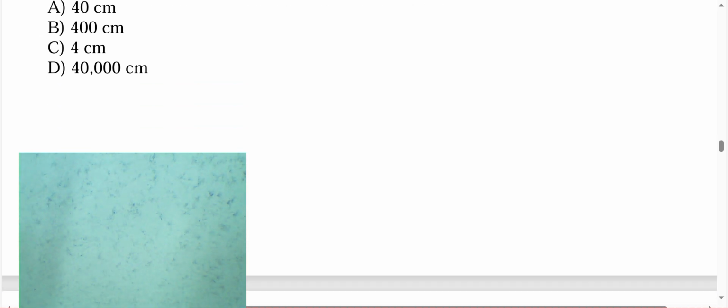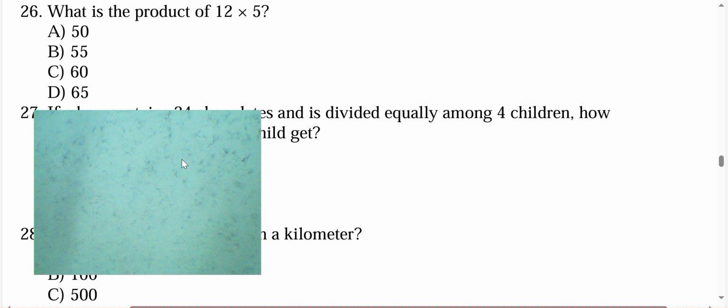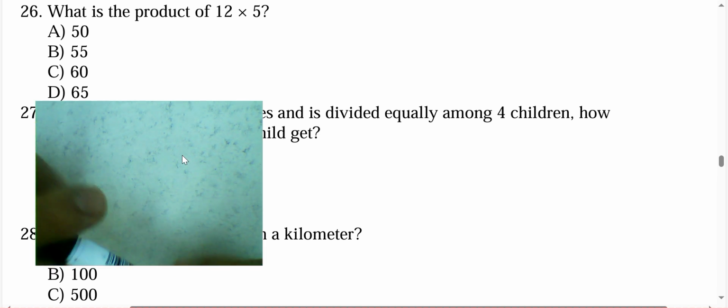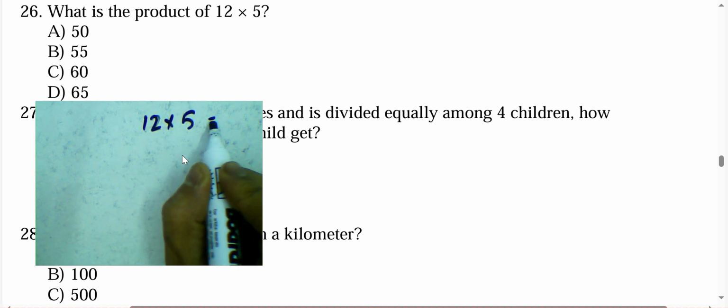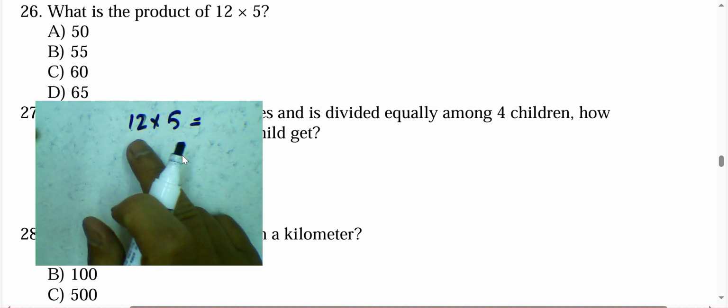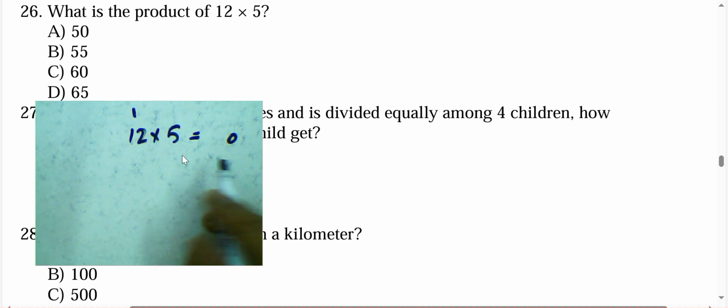Next question. Question number 26. What's the product of 12 by 5? We know 12 times 5, we can use the distributive property or write 2 times 5 equals 10, write 0 and carry 1. 1 by 5 is 5, 5 plus 1 equals 6, giving 60.